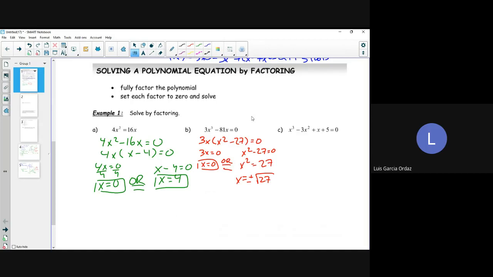What two numbers can you multiply to get 27 where one has a perfect square root? 3 or 9. So x is equal to plus minus square root of 9 times square root of 3. What's the square root of 9? It's 3. Makes sense.